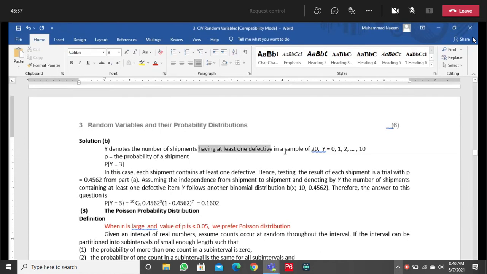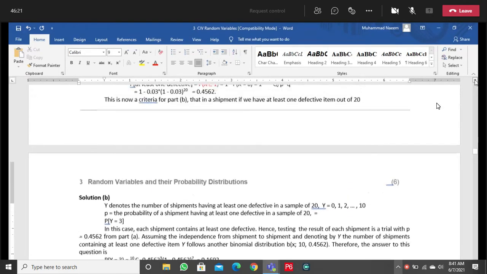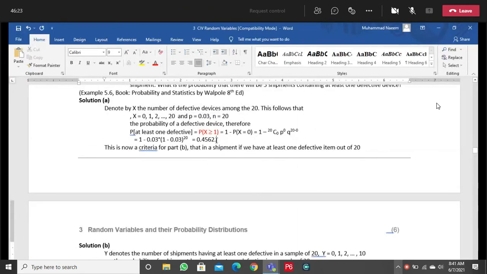Further, the same thing: the probability of a shipment having at least one defective in a sample of 20. This is P. We have calculated this P in our first part, which is 0.4562.